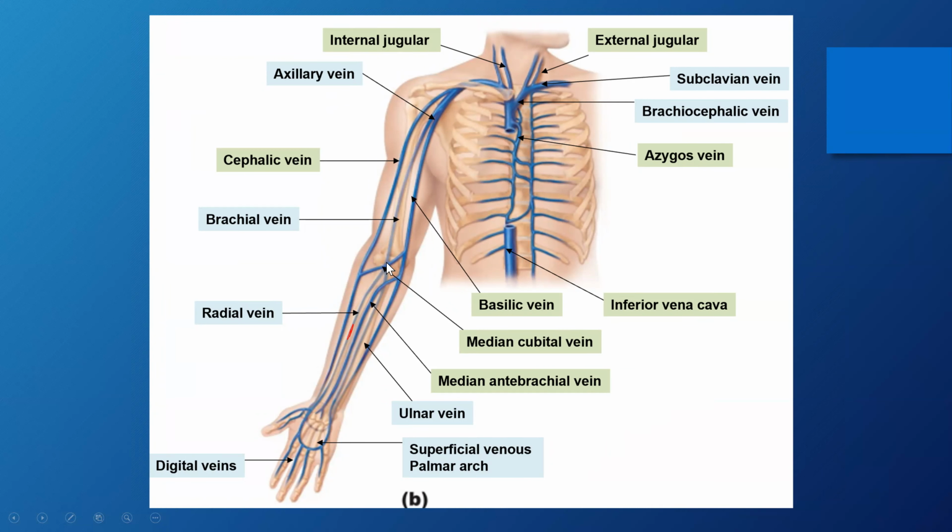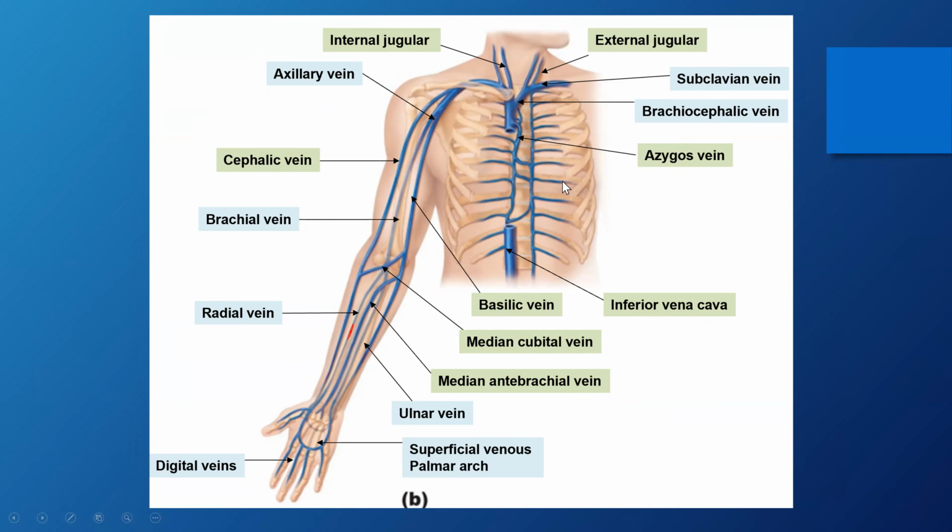And this vein that connects cephalic and basilic is called median cubital vein, and this one median antebrachial vein. So it's in the middle of antebrachial region, so it's median antebrachial vein, median cubital vein, and that's why this area we call antecubital, because it's just before this cubital vein.